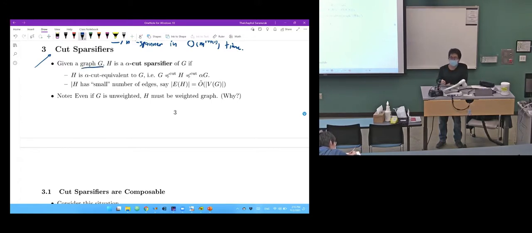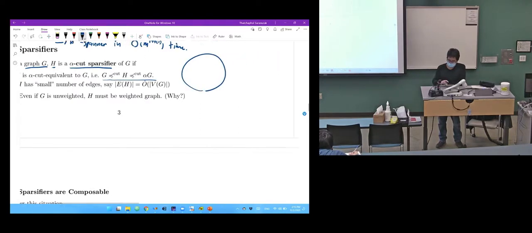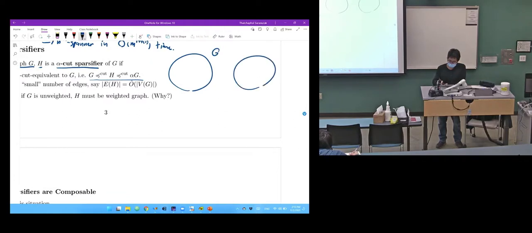Given the graph G, we say H is an alpha cut sparsifier if, first, H is alpha cut equivalent to G. That is, take graph G and graph H. If you take any cut, the cut sizes are within an alpha factor.